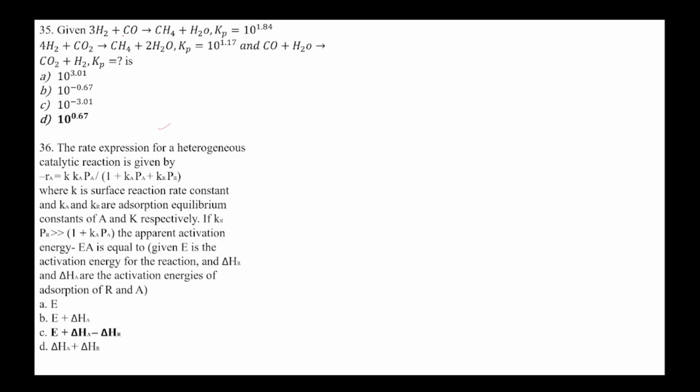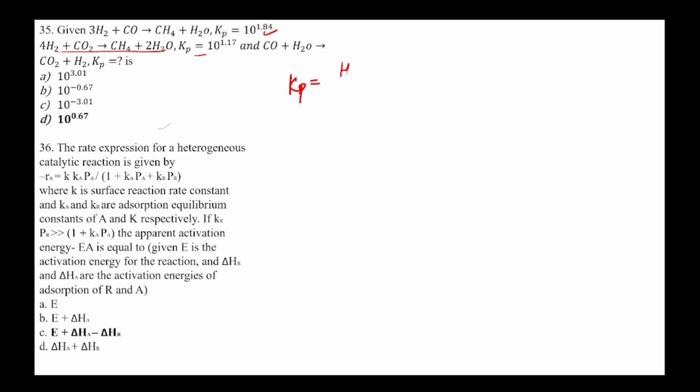Given 3H2 plus CO gives CH4 plus H2O. Kp is this, second reaction Kp is this, and the third reaction. So what is the value of Kp of the third reaction? So very first, see the first reaction. What will be the Kp of the first reaction?